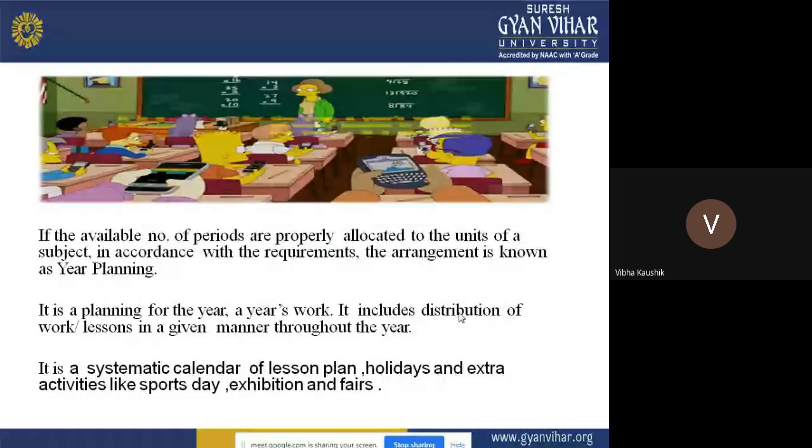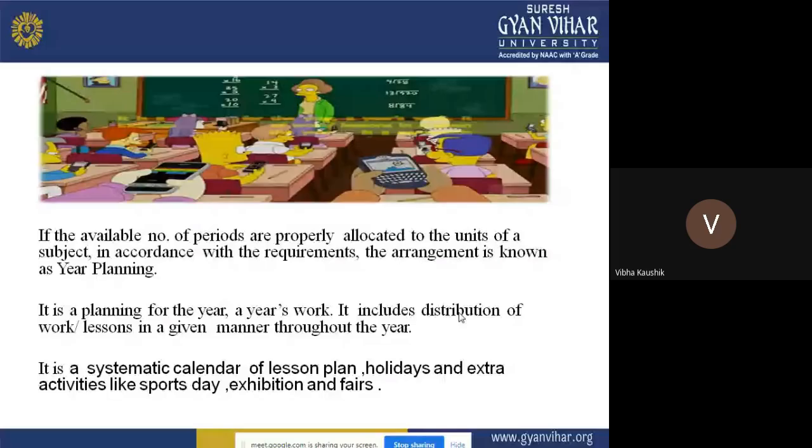Means for each lesson, I can allot periods for the completion of that particular lesson. So, up to now, we have decided that there will be 2 days for the completion of the lesson plan. Now I have to prepare the lesson plan.